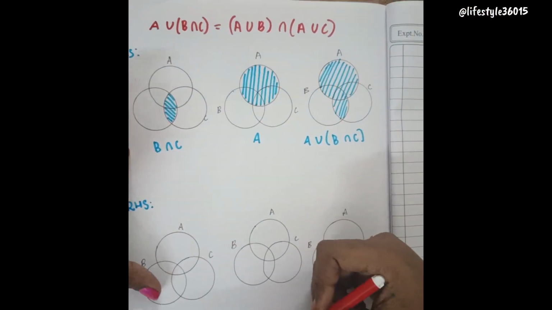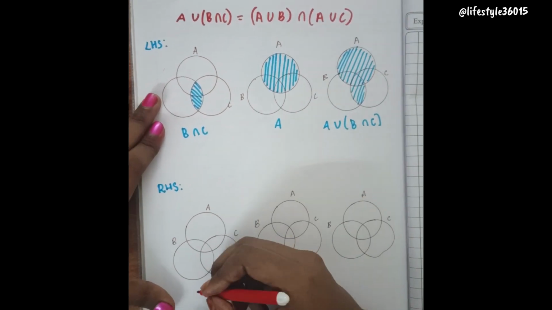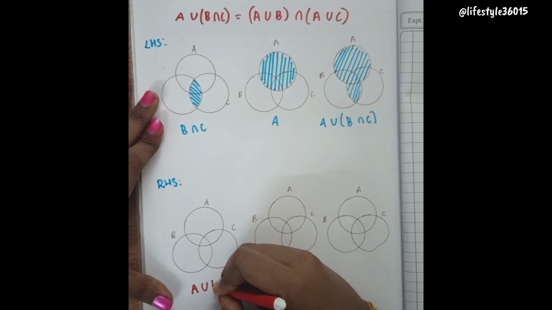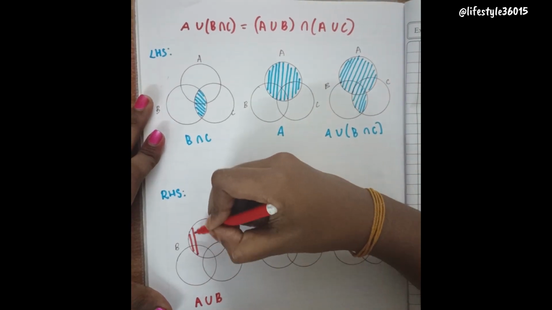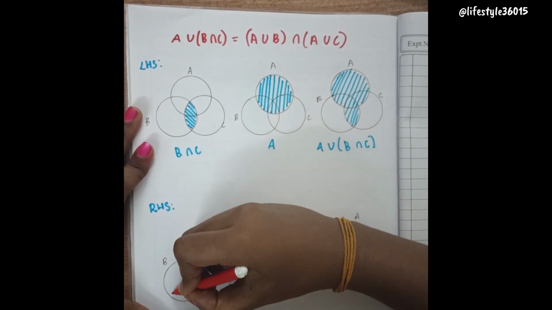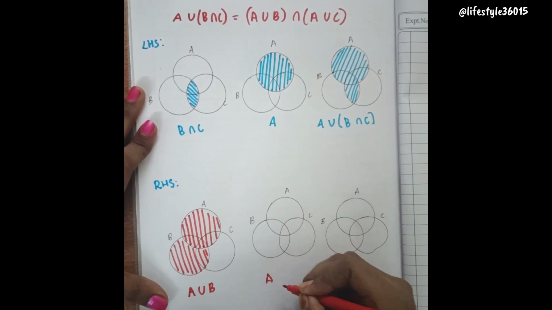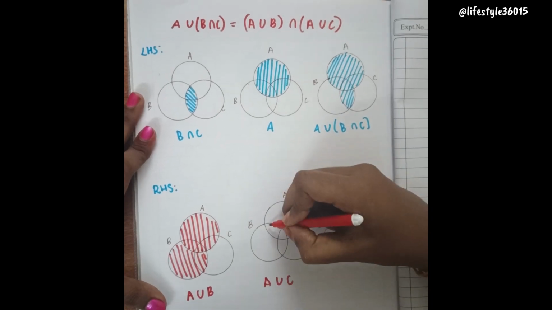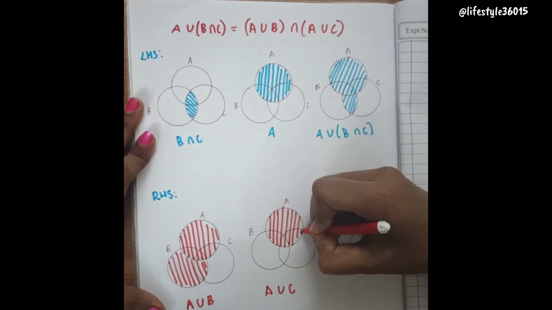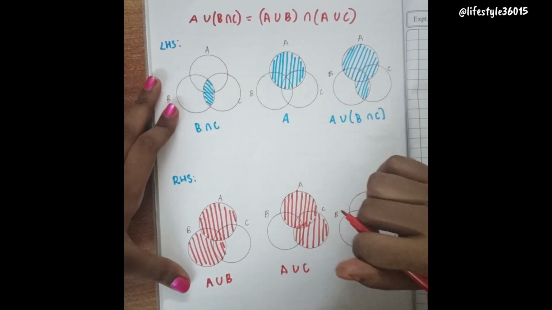Now let's do RHS. In RHS, they have first asked us to do A union B. A union B means we are going to unify set A and B, right? So this is A union B. Now we need to do A union C. A union C. Now they are asking us to intersect both.